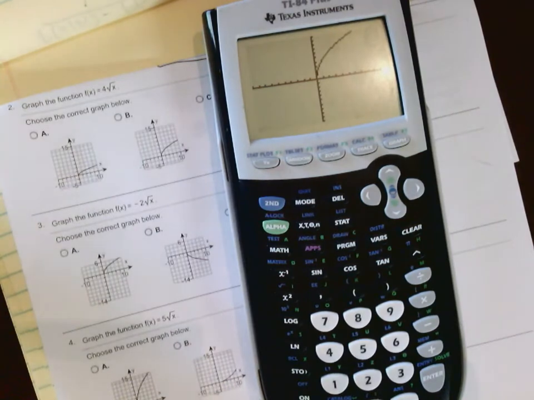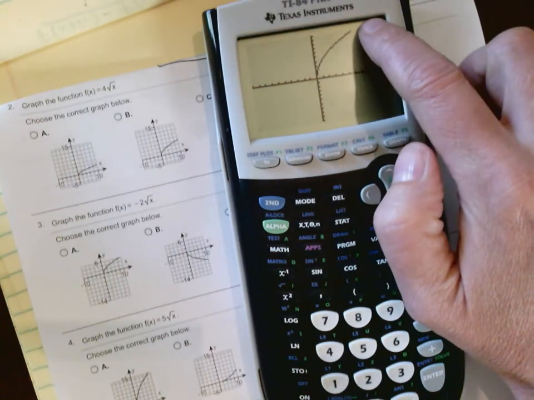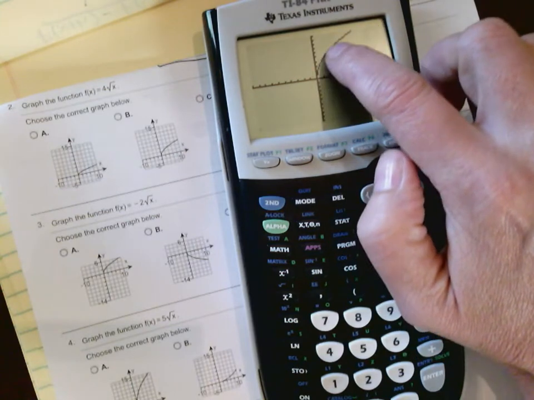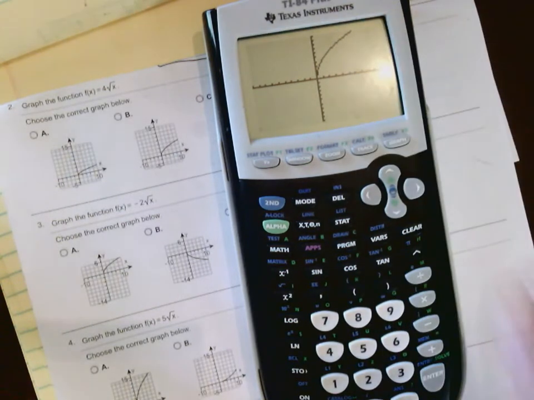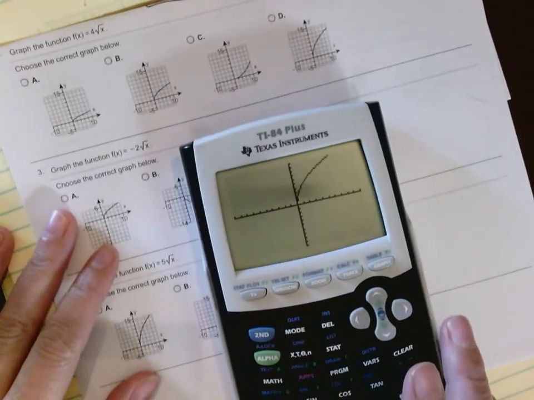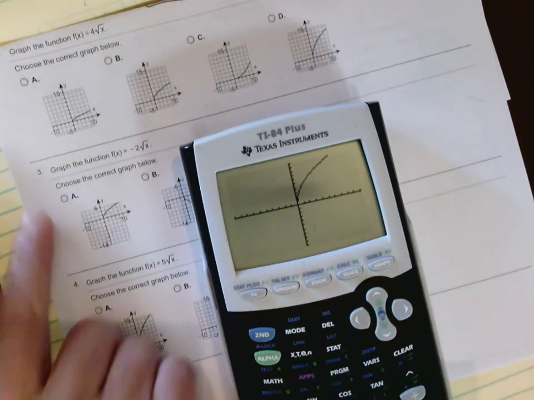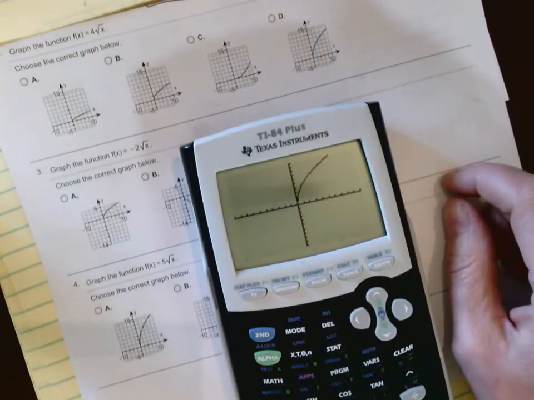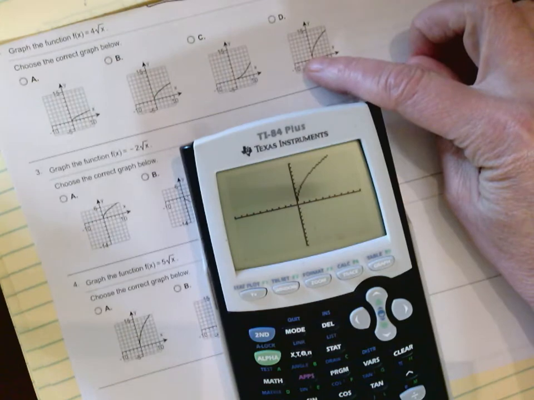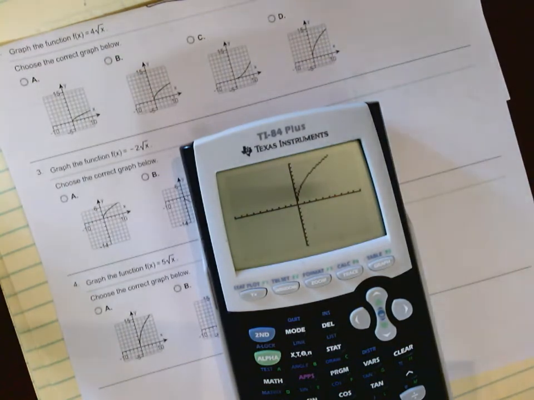Putting the 4 in front of that square root of x simply made this the same shape, but it made it go up faster. It made it steeper. So let's see which one of these will look like this. The only one that is the square root shape that goes up steeper than normal would be this D answer.